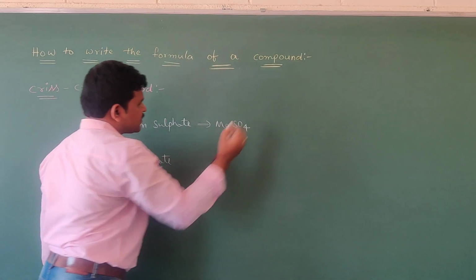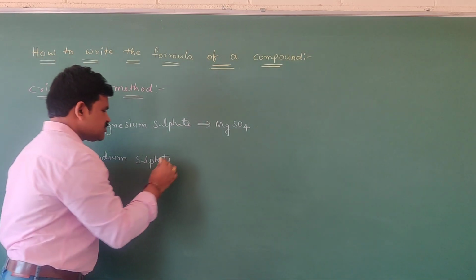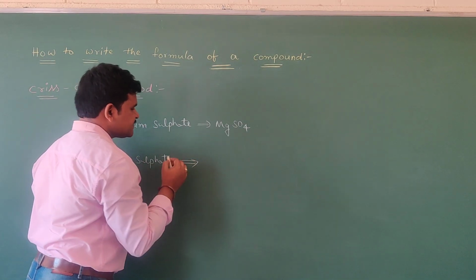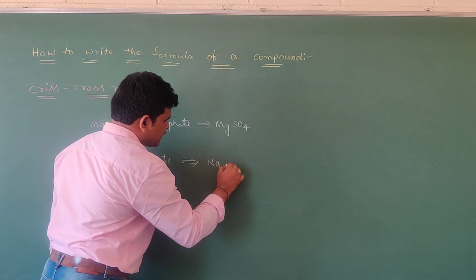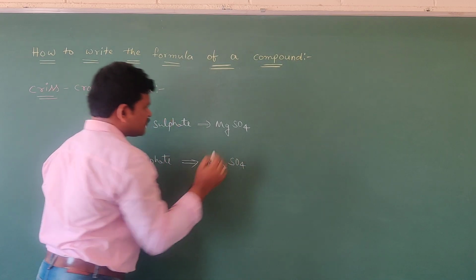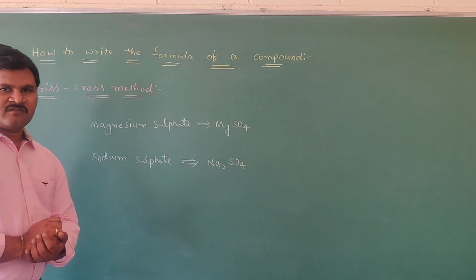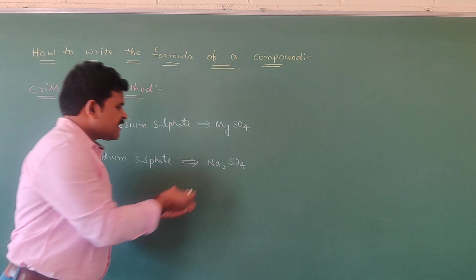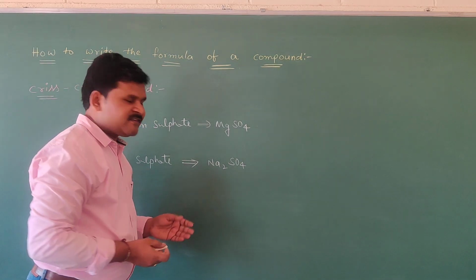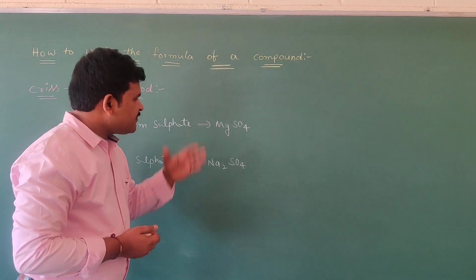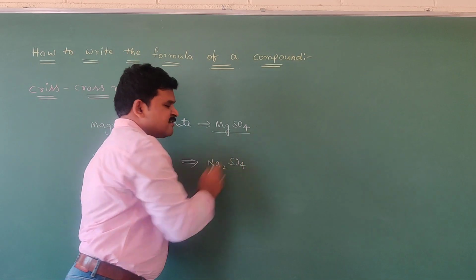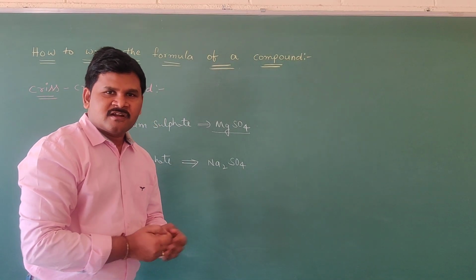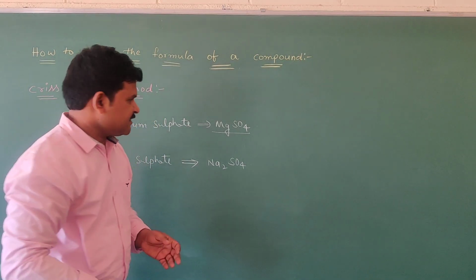Magnesium sulfate formula is MgSO4. Sodium sulfate formula is Na2SO4. Here, why are we not writing sodium sulfate as NaSO4, or magnesium sulfate as Mg2SO4? Now I will give one clarification.